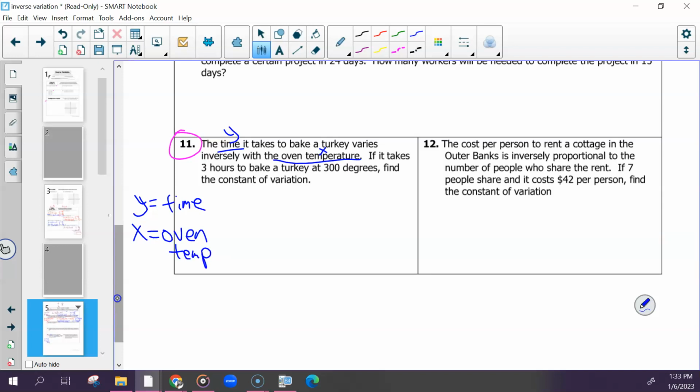If it takes 3 hours, your time, your Y, to bake a turkey at 300 degrees, your X, multiply those together to find your K. And here it's asking you to find the constant of variation, which is your K value, so 900 is your answer.